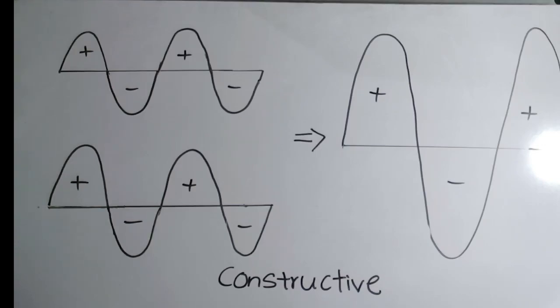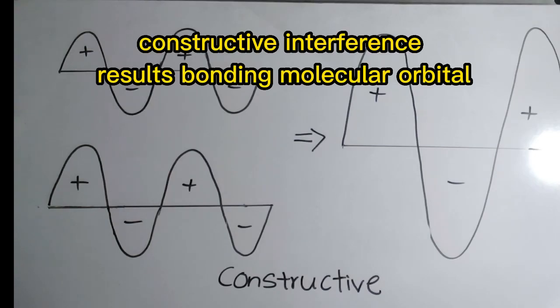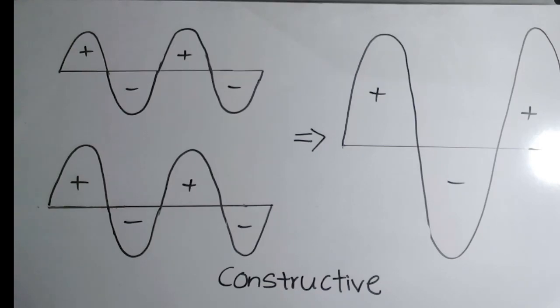Using these waves, we represent the probability of finding the electrons. That means the distribution of the electrons. This kind of constructive interference will result in bonding molecular orbitals. In bonding molecular orbitals, the electron density or electron distribution is very high.